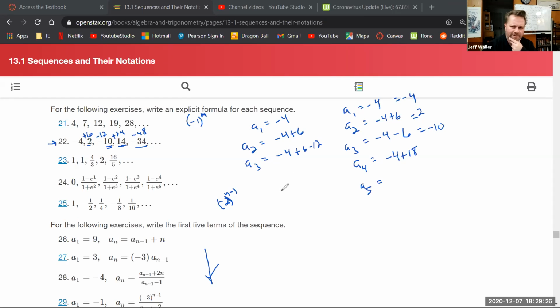Okay. Well, I don't want to take forever either. I got stuck on thinking like this, but that's not the right way to look at it. I think -2 to the n and then the whole thing minus 2 works.